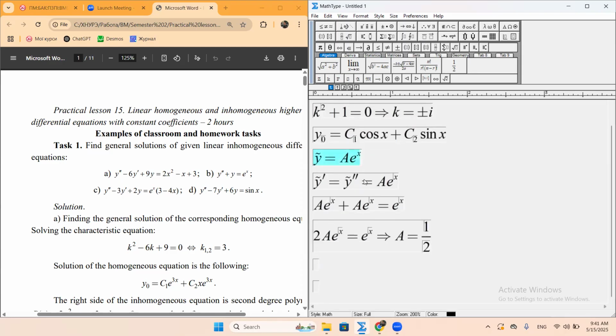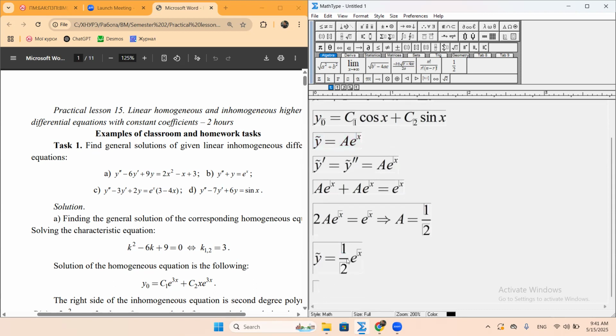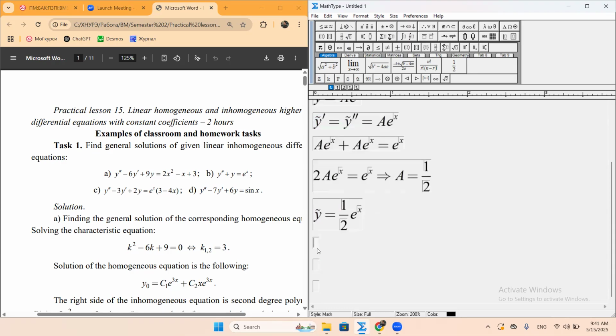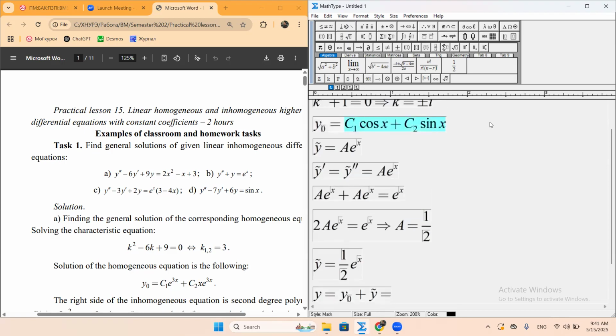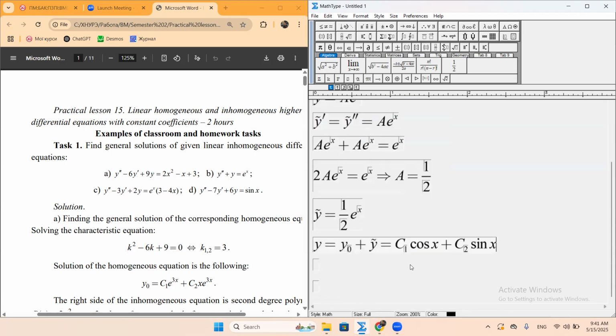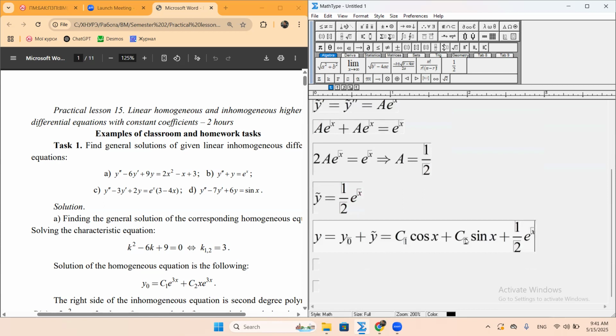So y partial equals 1 over 2 e to the power of x. So the general solution, y0 plus y partial, equals c1 cosine x plus c2 sine x plus 1 over 2 e to the power of x. So that's it.